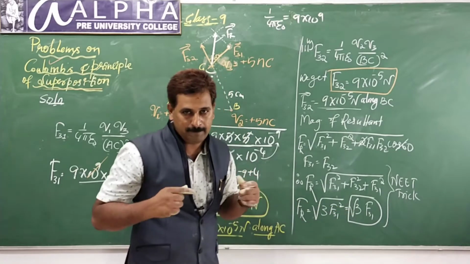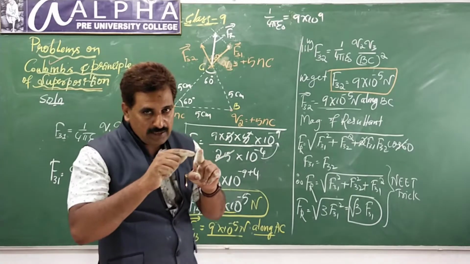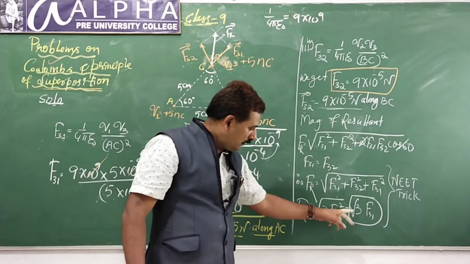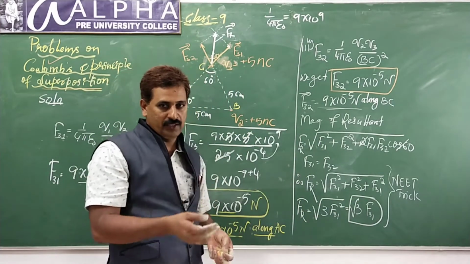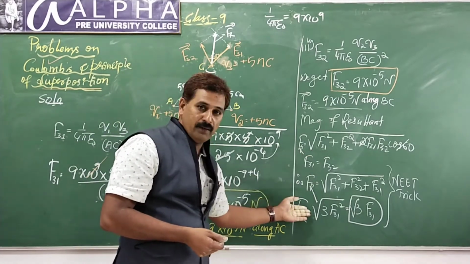Let me repeat once again. Two equal forces acting at an angle of 60 degrees, the resultant has a magnitude root 3 times the individual force, F31 or F32, or generally P or Q, right? Like this you have to remember.